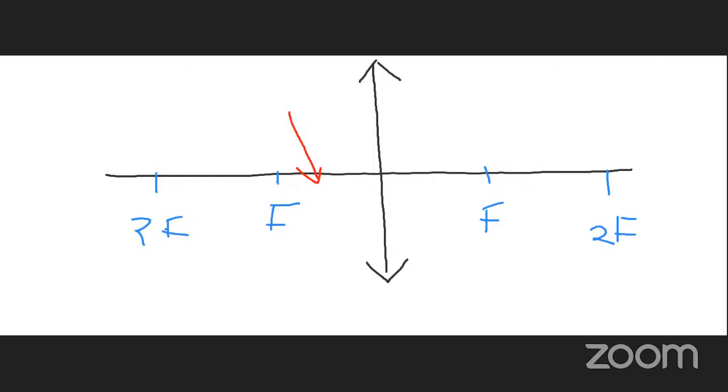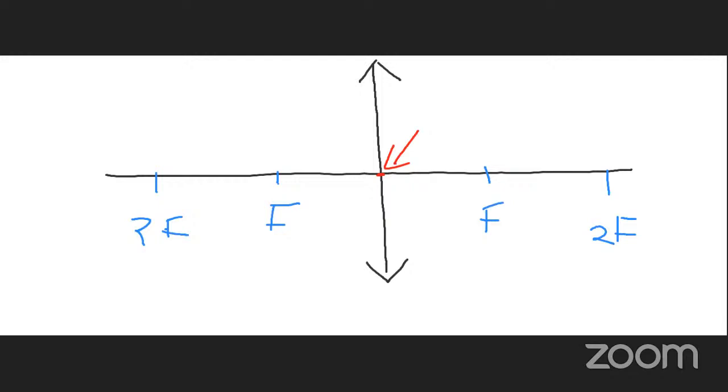Correct. What do you call this point where you see the red mark and the arrow is directed to? The optical center. Good. So these are the points where we're going to be making our references from.